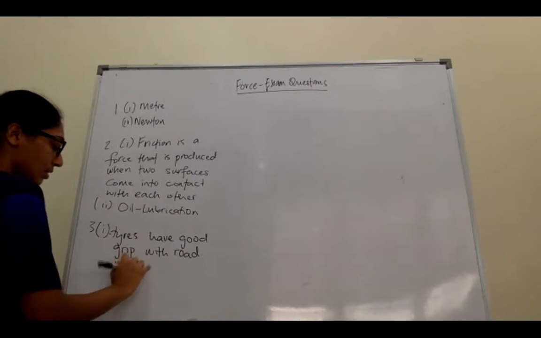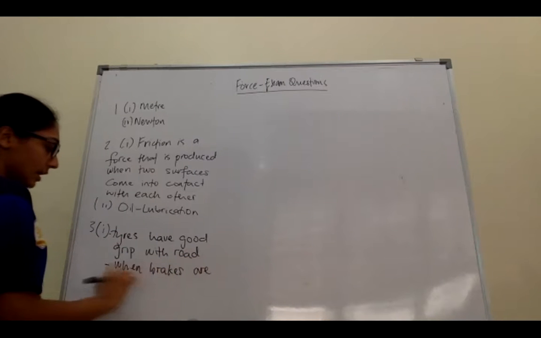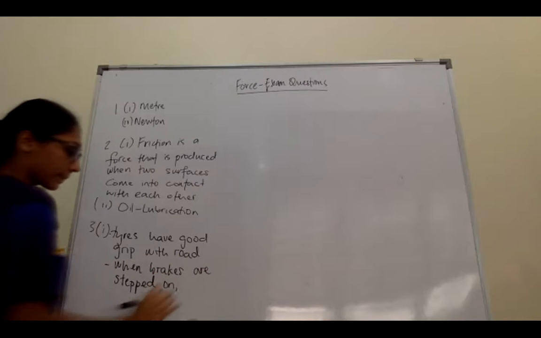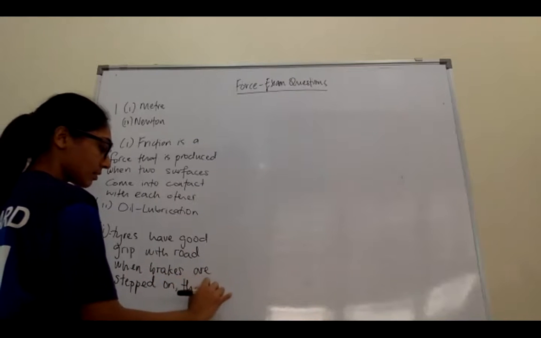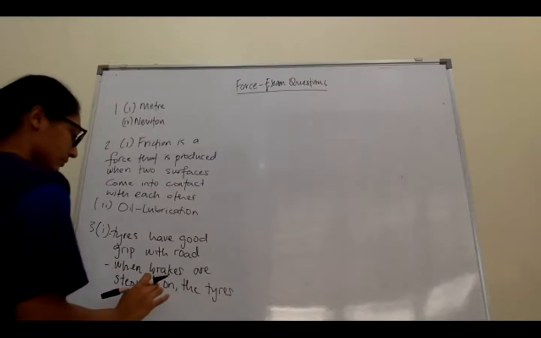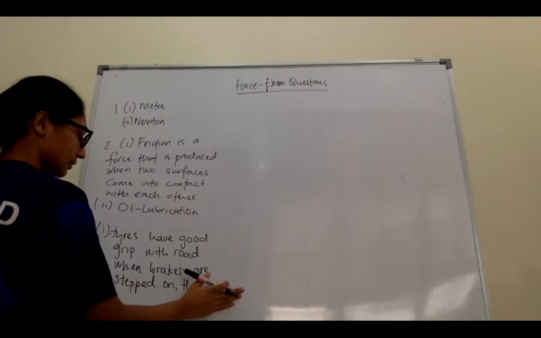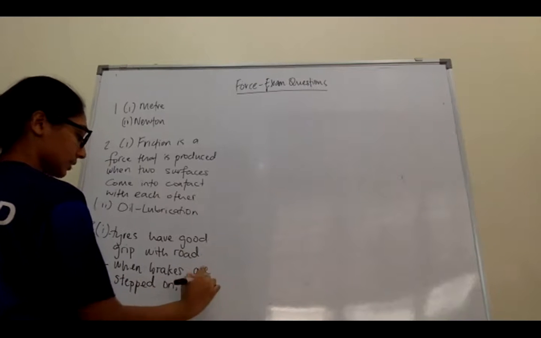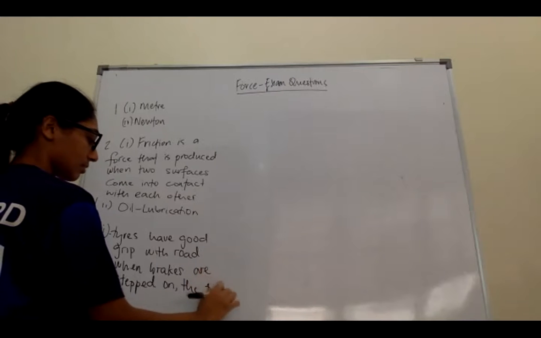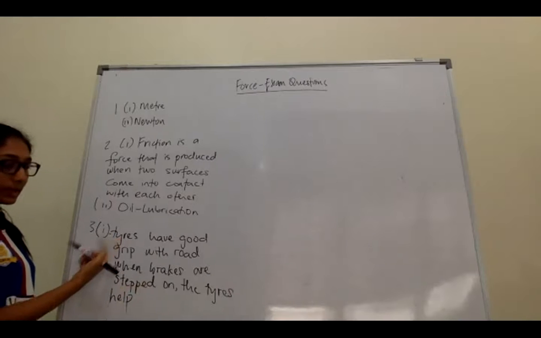When brakes are stepped on. So I only wrote it allows tires to have a good grip with the road. You can also talk in terms of brakes, but this one is correct.